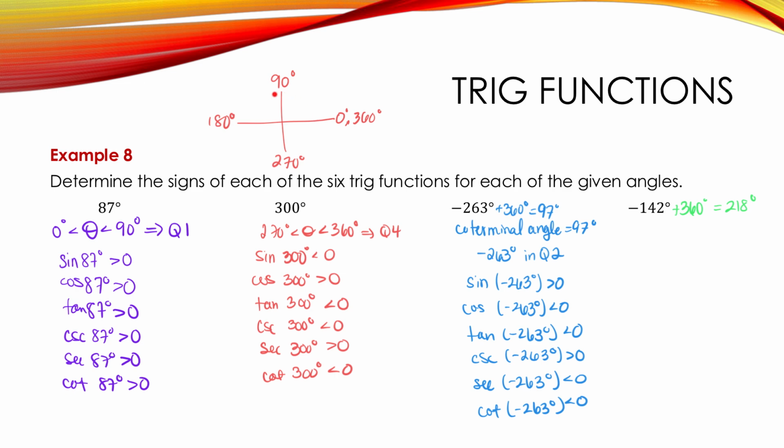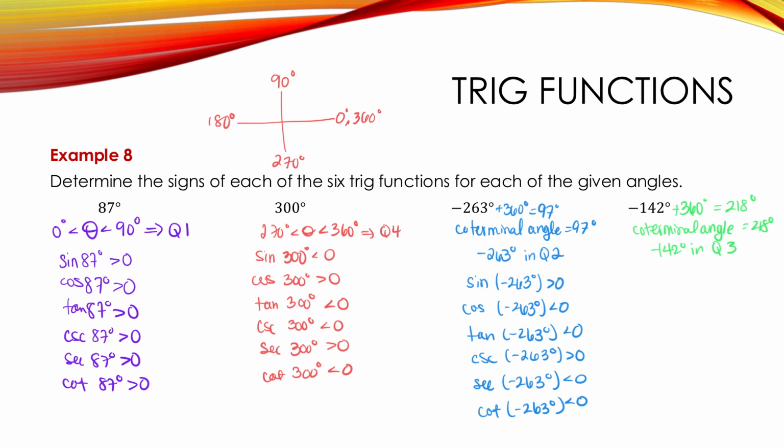So in the positive direction, we have 218 degrees, but in the negative direction, we have negative 142. Okay, coterminal angles. So what we know is that our coterminal angle is 218 degrees, and that puts negative 142 degrees squarely in quadrant 3.